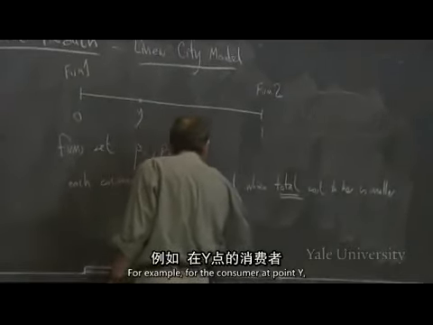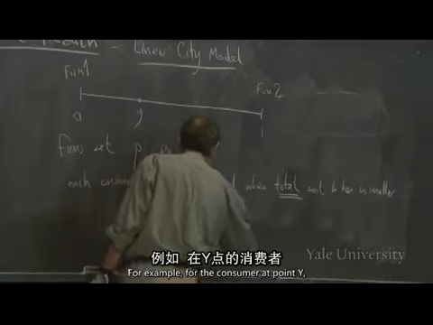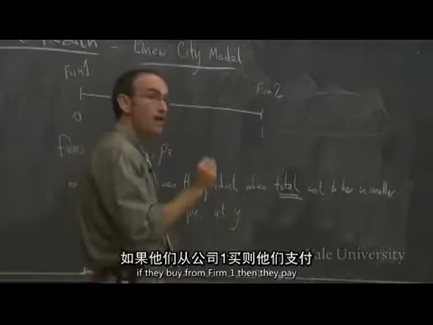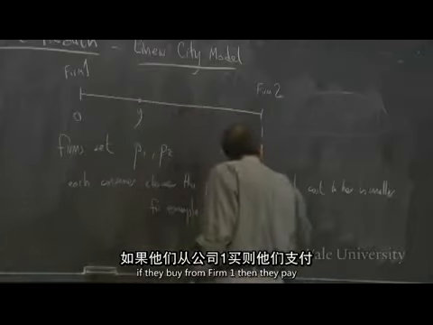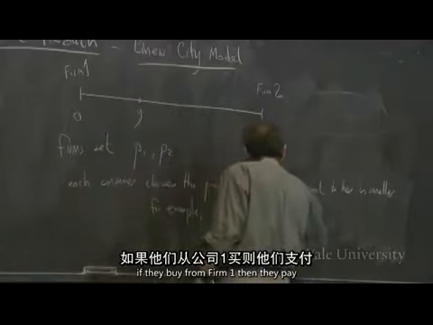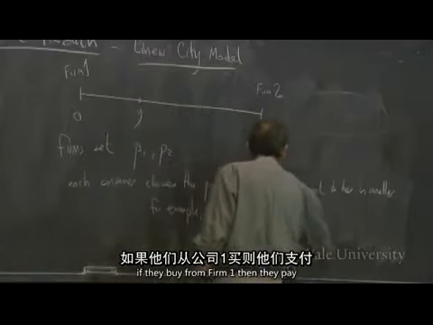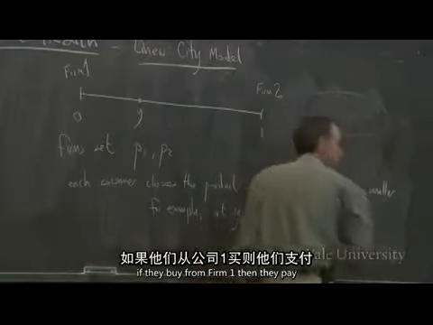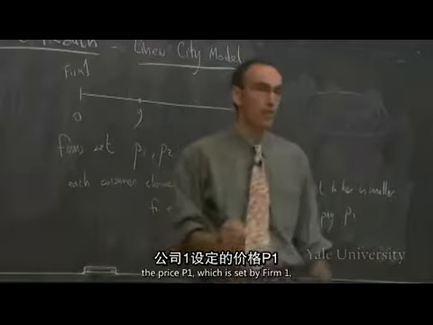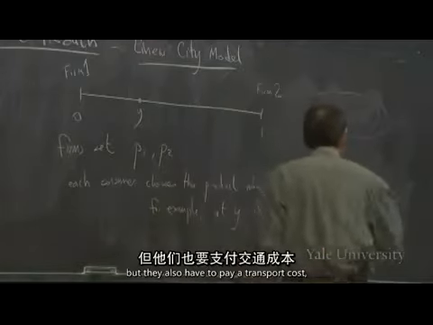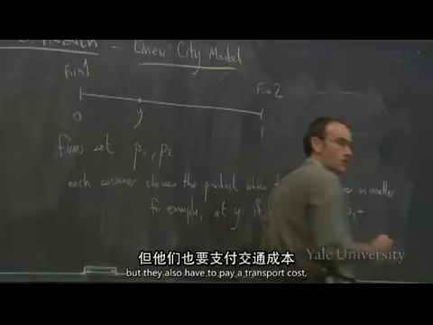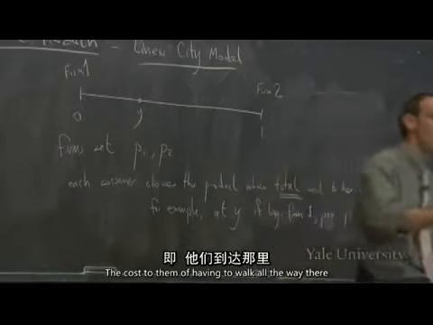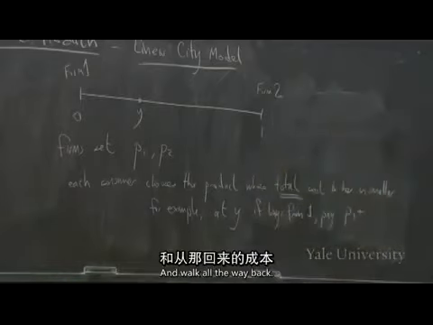For the consumer at point y, if they buy from firm 1, then they pay the price, P1, which is set by firm 1, but they also have to pay a transport cost, the cost to them of having to walk all the way there and walk all the way back.